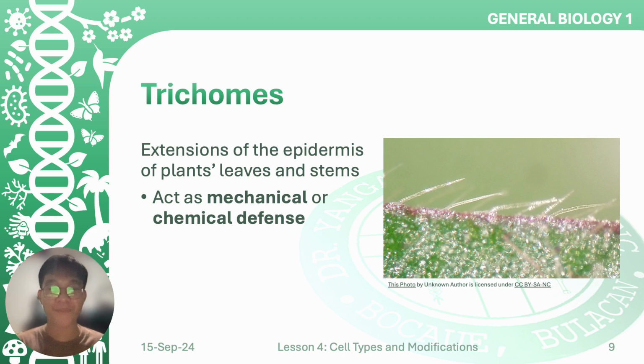So, for the plants, we have the cuticle that would allow the waterproof covering of the plants, the root hairs that would allow more surface area for water and minerals to get into the roots, and trichomes for the defense structures of the above ground plant parts.